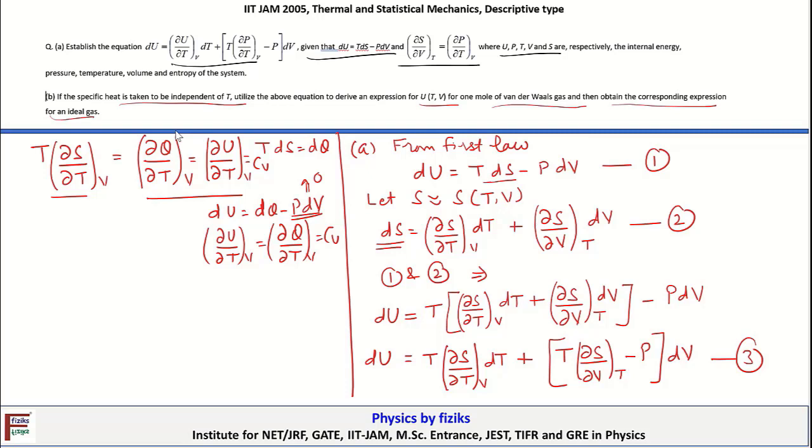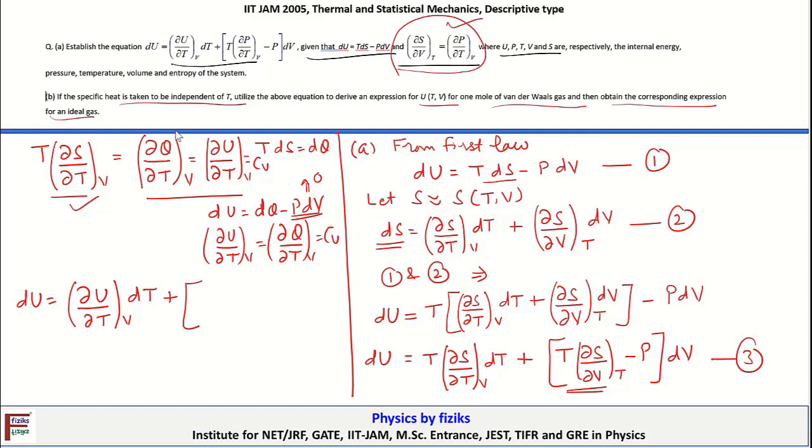Another important result that we are going to use here, which is also given in the statement, is one of the Maxwell relations. So we will make use of this equation here, and we are going to replace this. With this information, equation 3 can be rewritten: dU is equal to dU by dT at constant volume multiplied by dT, plus T dS by dV.